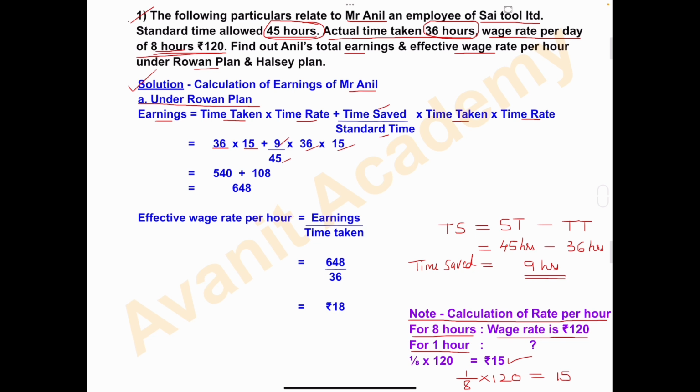Okay, clear? Time taken is 36, time rate is 15, time saved is 9 divided by standard time 45 into time taken 36 and time rate 15.